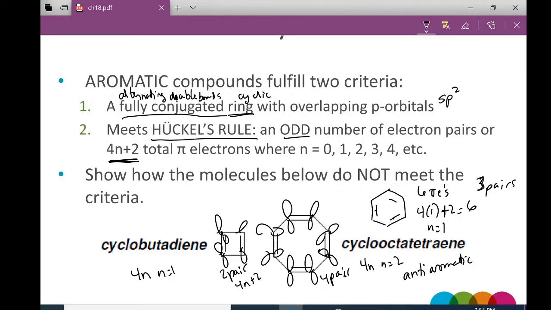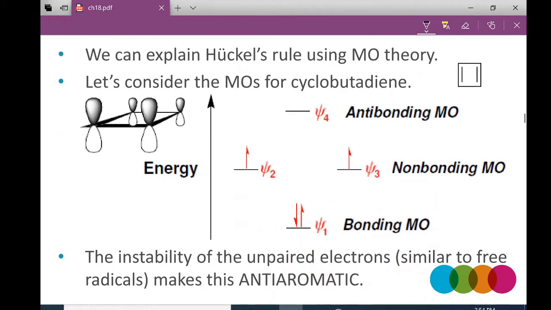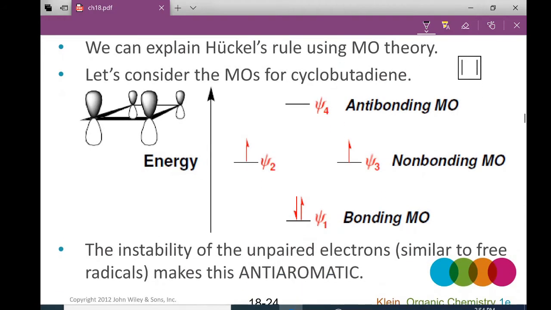That anti-aromaticity makes them actually quite reactive. If we consider molecular orbital theory, and we're going to learn how to draw these molecular orbital diagrams a little bit later on, here's what the molecular orbital diagram looks like for cyclobutadiene. We have 4 molecular orbitals, and these two right in the middle are non-bonding molecular orbitals.